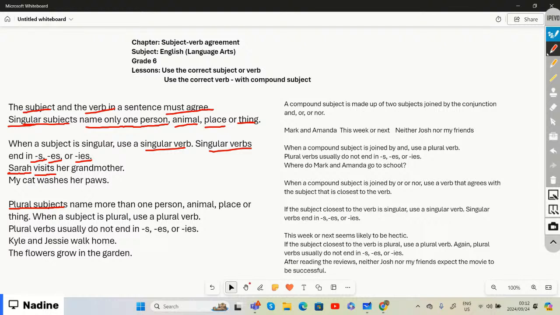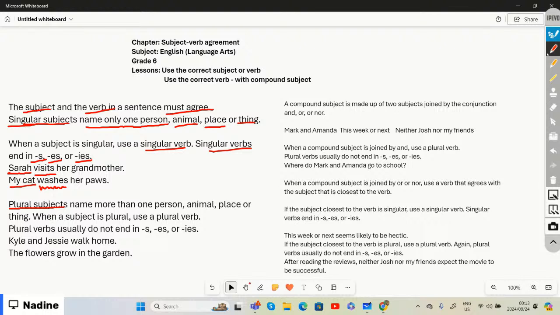And if we look at another example of a singular subject with a singular verb, it says, my cat, referring to one cat. Remember, we didn't say my cats, we only said my cat, which means that we are making mention of one cat. So my cat washes her paws.